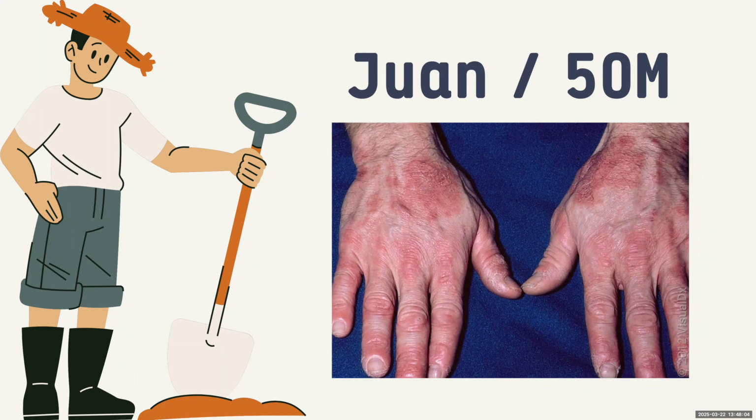He was gardening and he was exposed to chemicals from fertilizers. He is otherwise healthy. He takes no medications. Any guess as to what he could be having? If he's been exposed to chemicals, I'm thinking contact dermatitis of some sort.